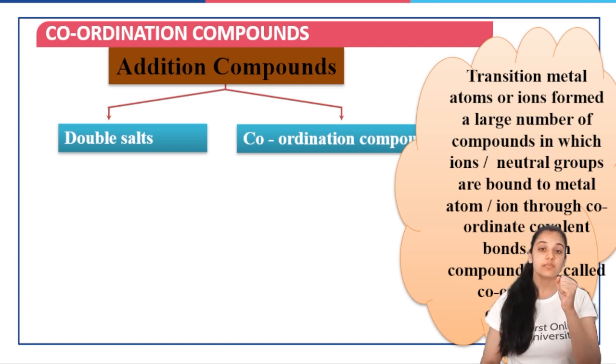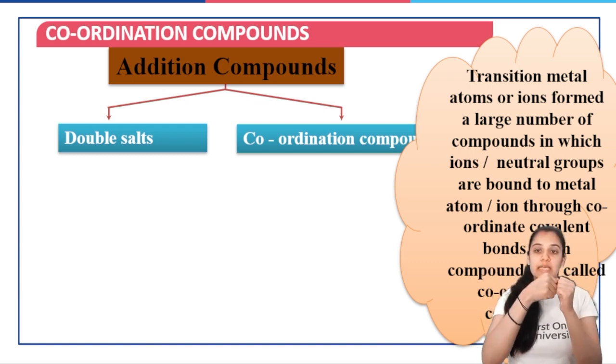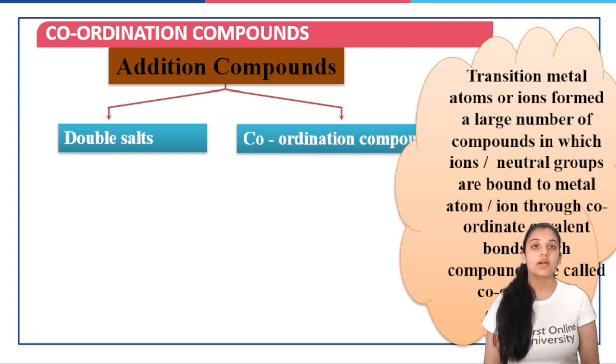A ligand is the group that is going to bind to the metal. This can be a charged group or a neutral group. When it is capable of donating its pair of electrons to the transition metal ion or atom and forms a coordinate bond, the compound that results is called a coordination compound, because coordinate bonds exist. This is very clear from the names coordinate bond and coordination compound itself.